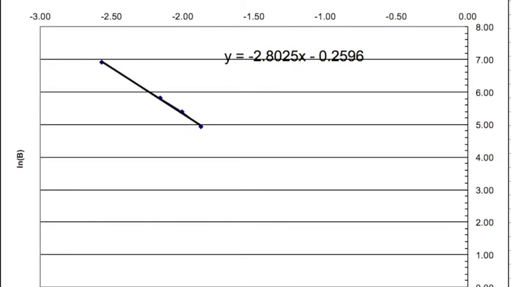By taking the natural log of k and n, the plot of the values will give a straight line with slope n and intercept natural log k. From my observed values, my slope was negative 2.8 with a negative 0.26 intercept. The intercept will later be used in our computational model.